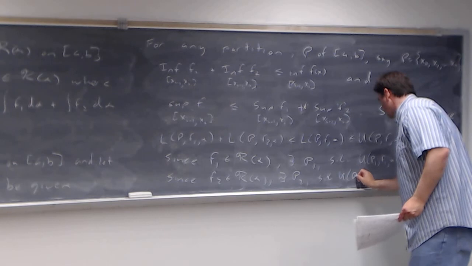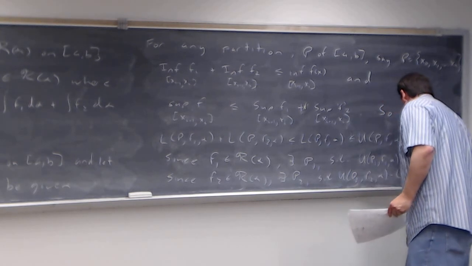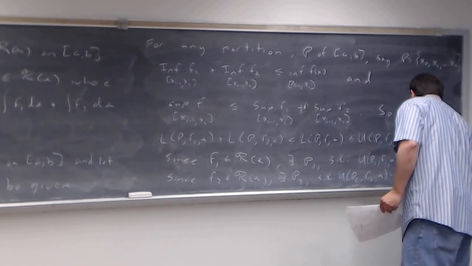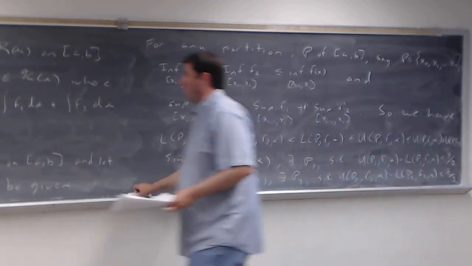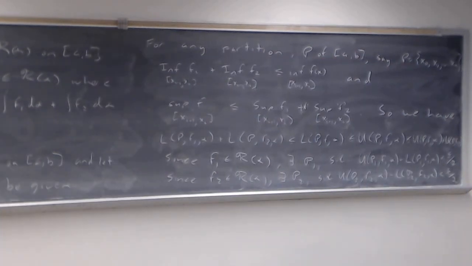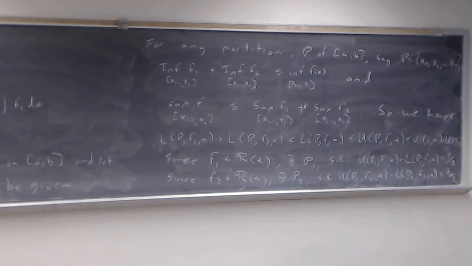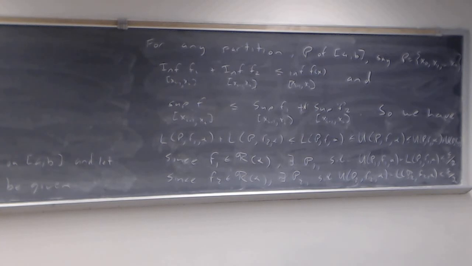The upper sum of P sub 2, f sub 2 and alpha, minus the lower sum of P sub 2, f sub 2 and alpha, will be less than epsilon over 2. Okay.